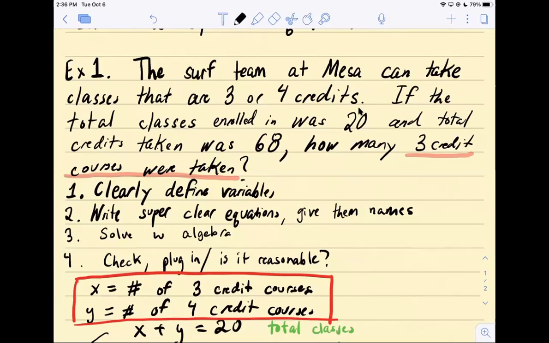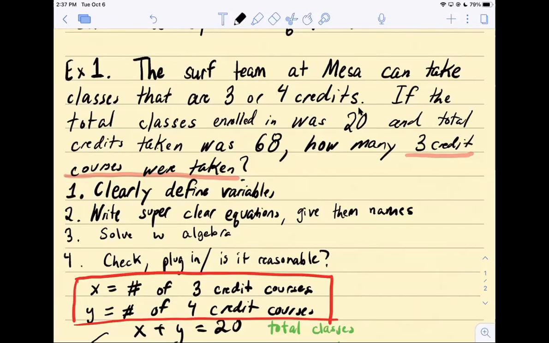What would happen if we took all 4 credit classes? If the surf team took only 4 credit classes, how many credits would they have total? They'd have 80 credits, right?